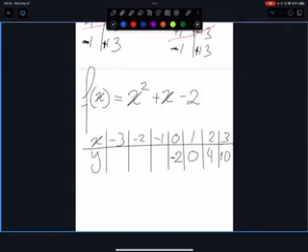This is 9 minus. It's positive. Plus positive x times 0.